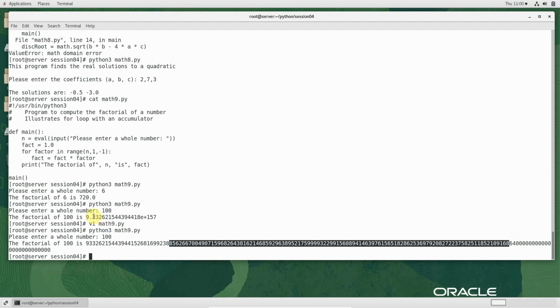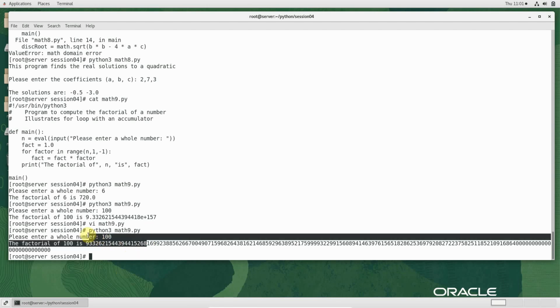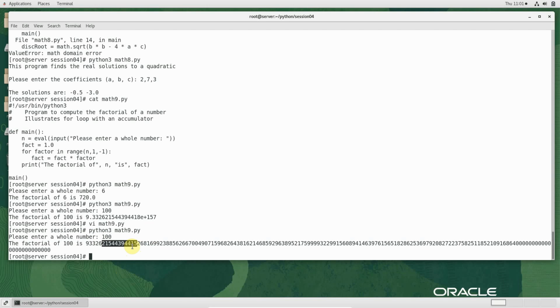It shows only 15 digits of precision, up to this 1, 8. Rest all are approximation. So floats are not exact. Whenever it comes to exactness, try to use integers.